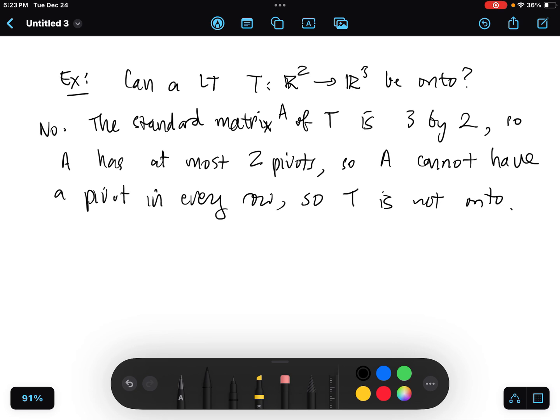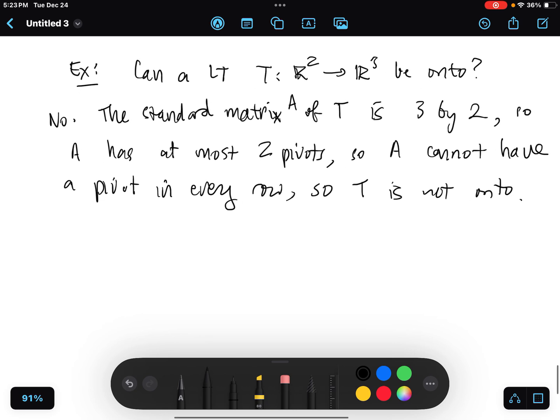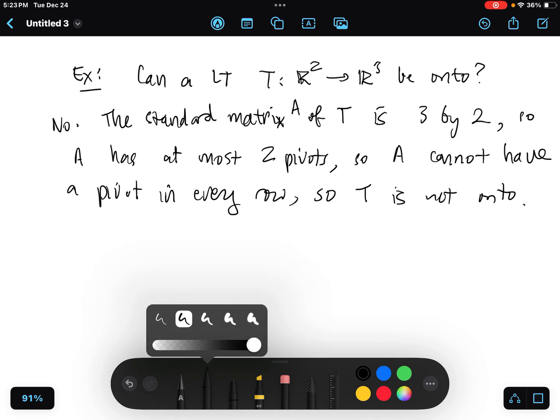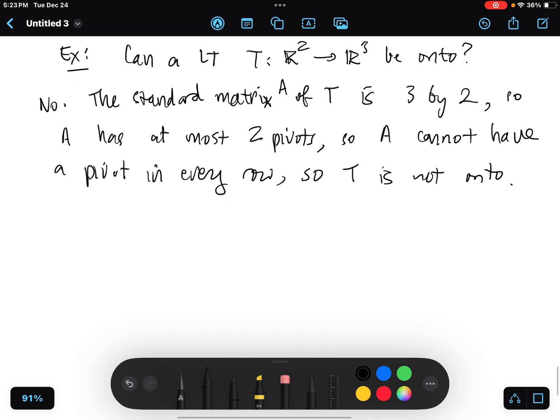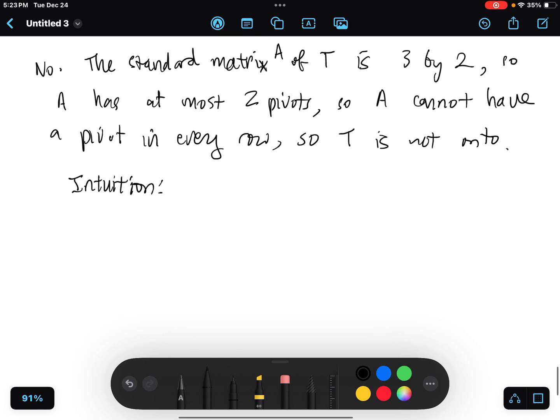Now let's think about the intuition of why this makes sense without thinking about the matrix. The intuition is that T is mapping R2 to R3 like this, and T being onto means that every vector in R3 gets hit.